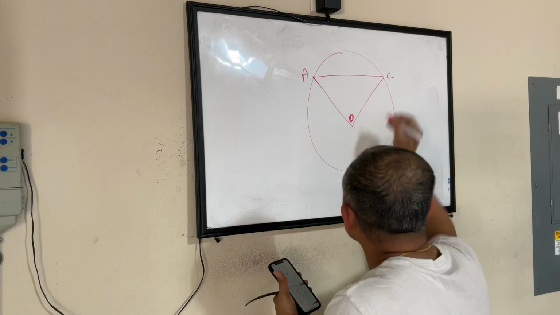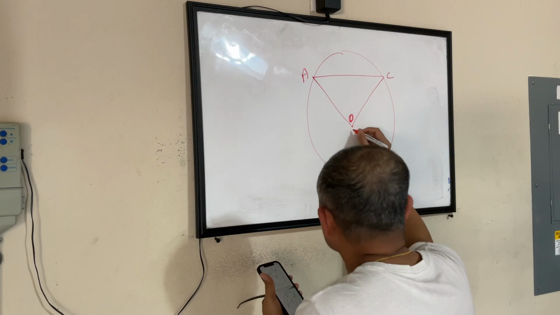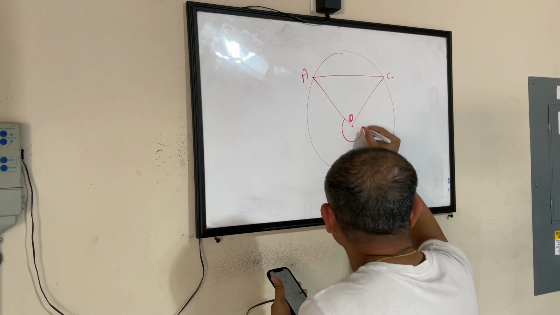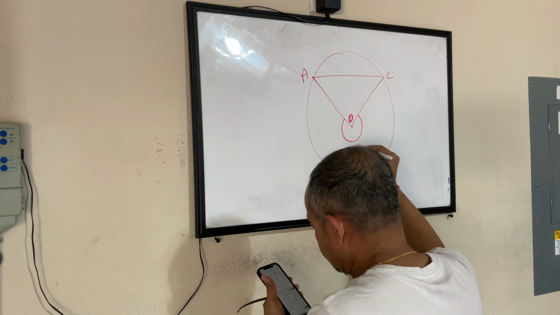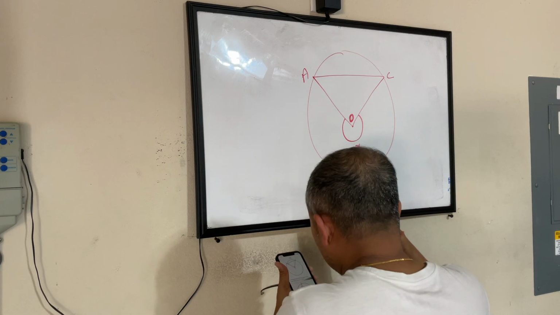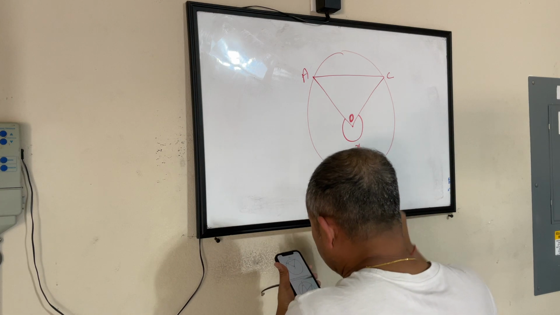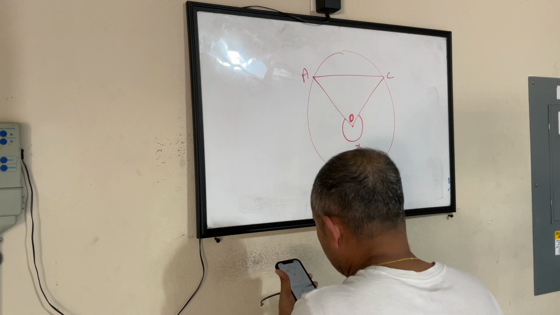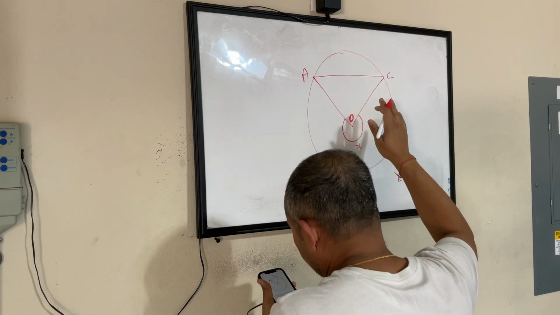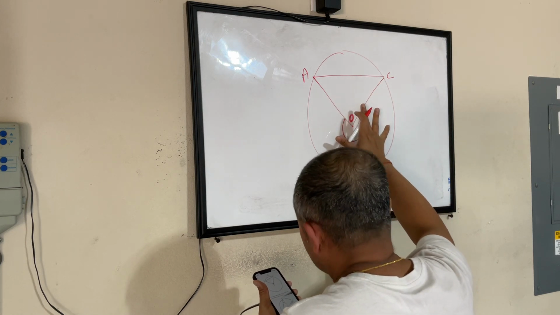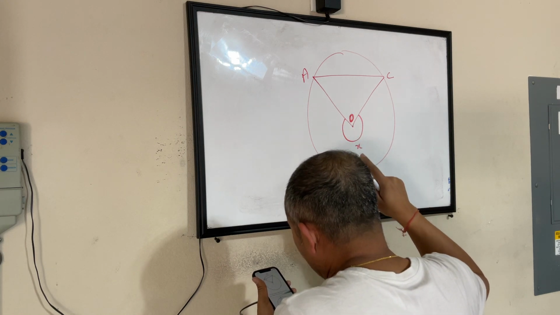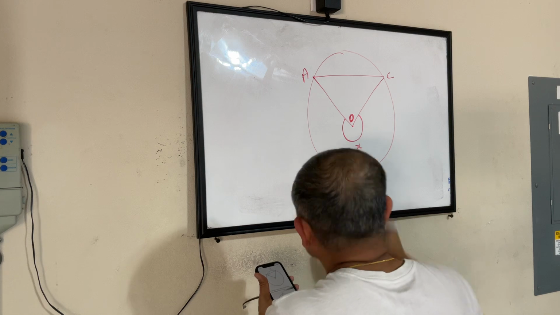And this is C. Obviously, as you guys can see, this is the center, and this is X. In the above figure, O is the center of the circle. What is the value of X?